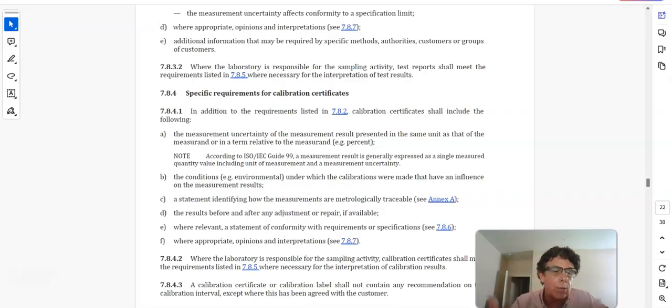This is some of the things I run up against when I audit labs for the ISO 17025 calibration requirements. I know this video was a little long, but I really wanted to hit home with the ISO 17025 calibration requirements for testing labs to help you understand what the auditor is going to look for. They are going to look for calibration certificates that have a logo that says 17025, and that calibration was done in accordance with ISO 17025.